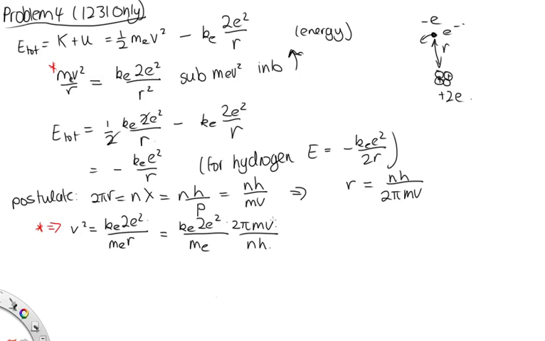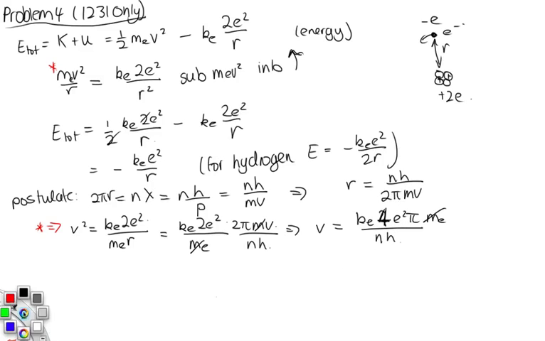And so this v will cancel with one of these v's. So we end up with v is equal to Ke times 2, 4, because we've got 2 times 2, e squared pi m_e, or these m's will cancel, so that disappears, over nh.